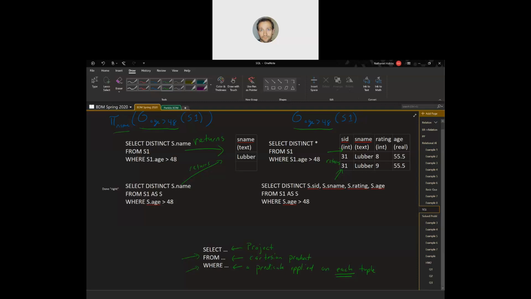So the select is the simple part. The select is just a projection. That's just which attributes you care about printing in the output. So the from is where a lot of the mechanics happen, and the where is conceptually where you spend most of your time trying to figure out which rows to return.